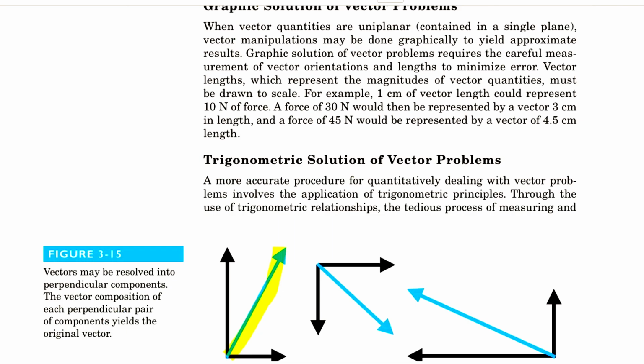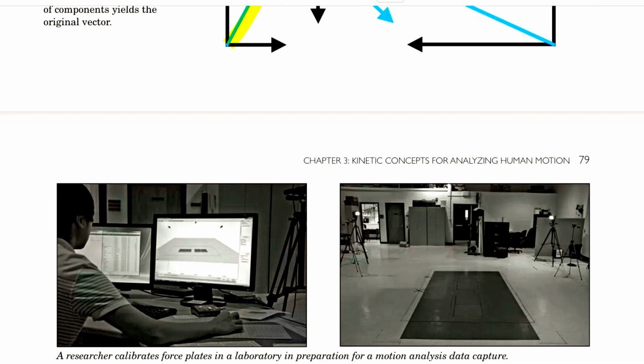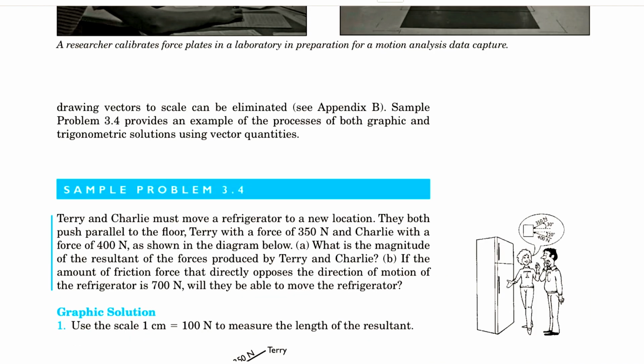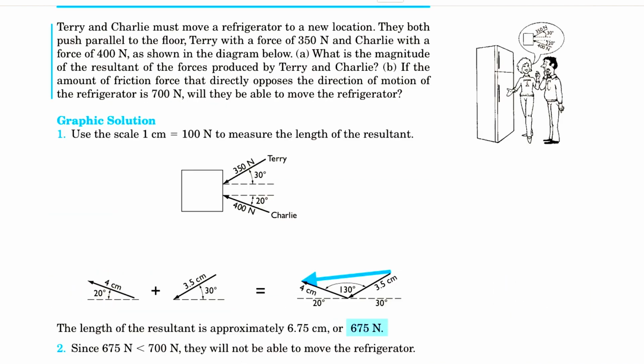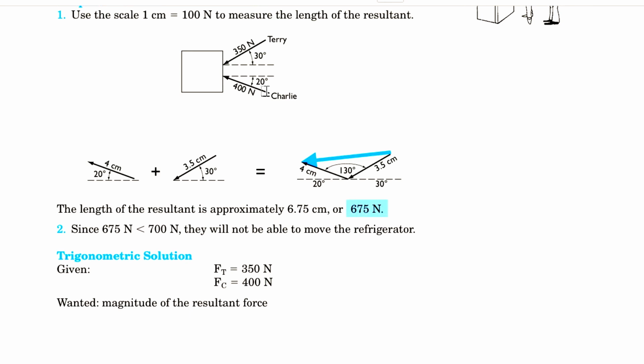So these are the major concepts we have to talk about, and here we end the chapter. This example shows how vectors are represented. Here they show how the force is acting on an object, where the object is moving, and they have taken the angle and, at the end, found the result.